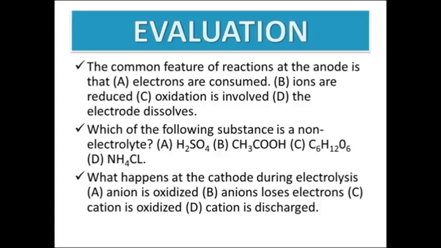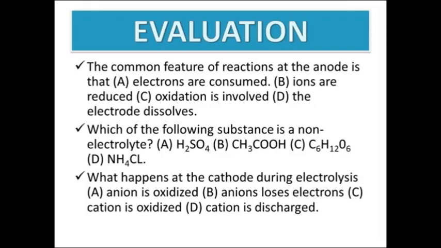So oxidation is involved, because in oxidation we talk about an increase in oxidation number. Then let's look at the final answer. We say that the electrode dissolves. Though electrodes can dissolve at the anode, it's only when you are using a metal of its salt.